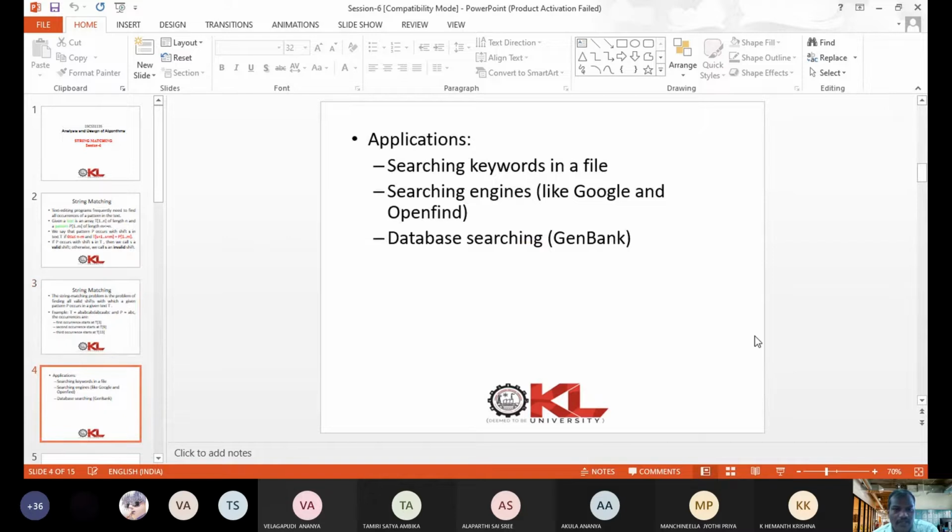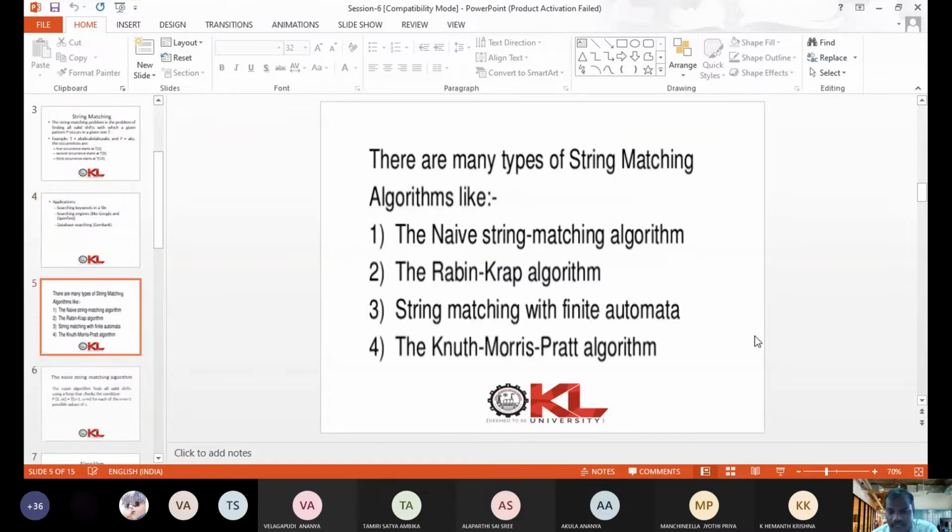Normally, in database searching, in search engines like Google and OpenFind, and while finding a keyword in a file, we use these string matching algorithms. We have different types of string matching algorithms.